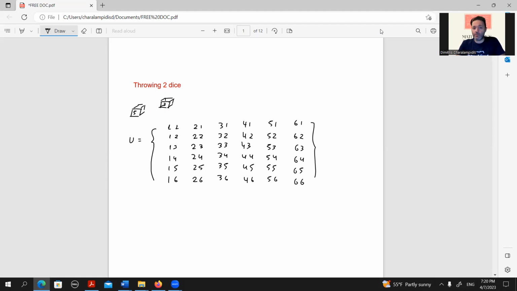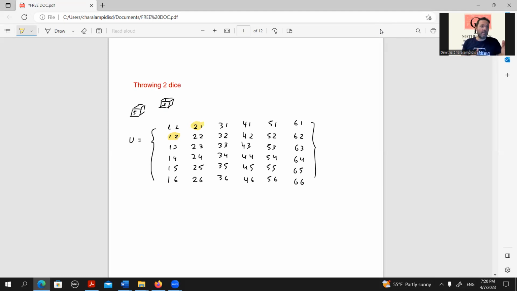A common question students ask in this case is whether the pair 1, 2 is different than the pair 2, 1. The answer is yes, it is. And to understand it even better, just imagine the 2 dice being colored. We have one red die and one blue die.